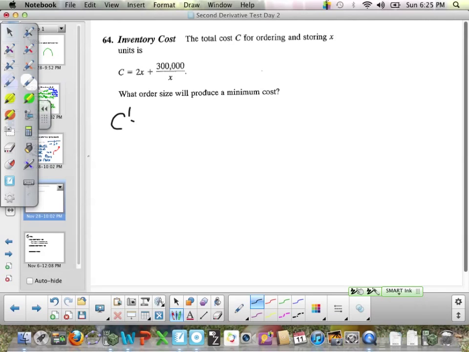C prime is 2. Let's rewrite this as 2x plus 300,000 x to the negative 1. Our first derivative is 2 minus 300,000 x to the negative 2. We'll set that equal to 0.